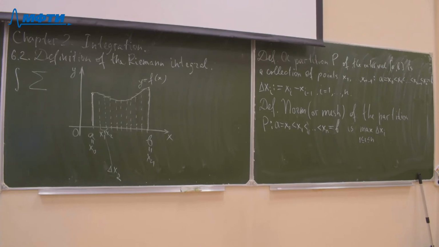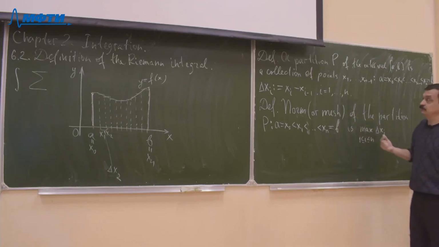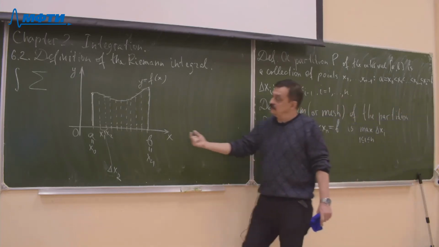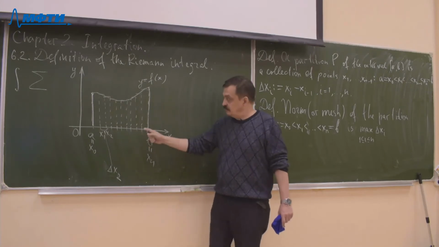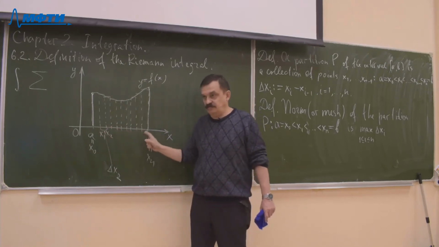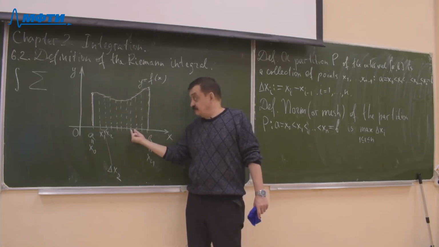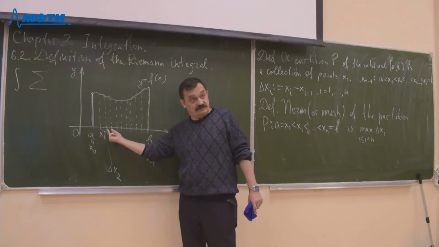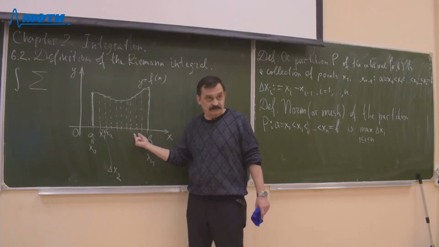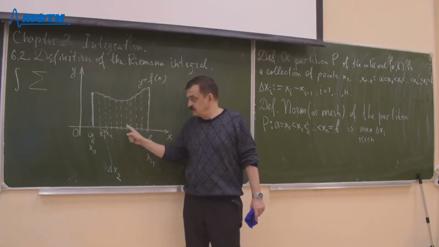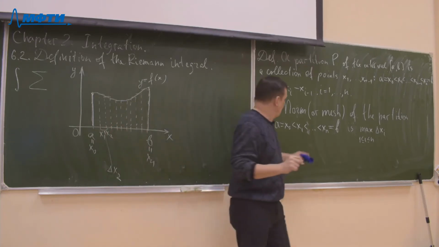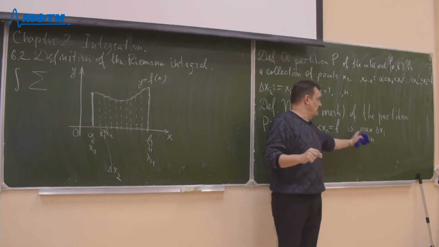Now we have some measure to measure what small intervals mean. So you see, we have finitely many points, so we have finitely many, in general different, lengths, maybe equal, doesn't matter. And we take the maximum of all those small lengths, and that is called the norm or mesh of the partition.